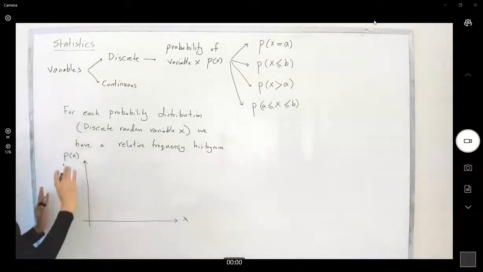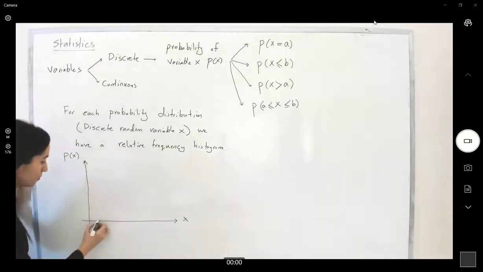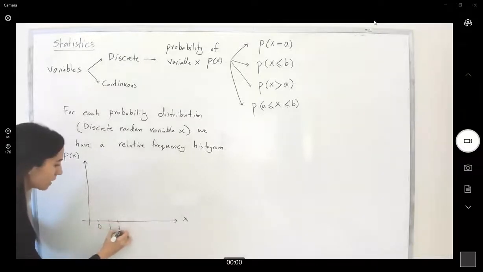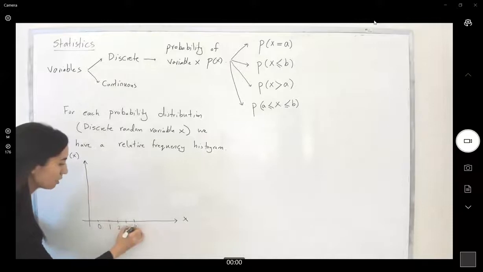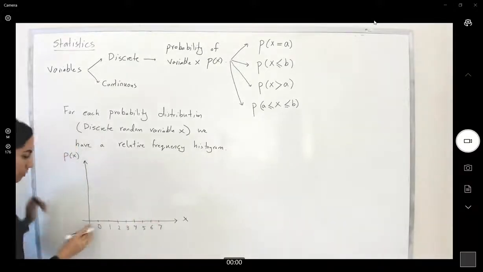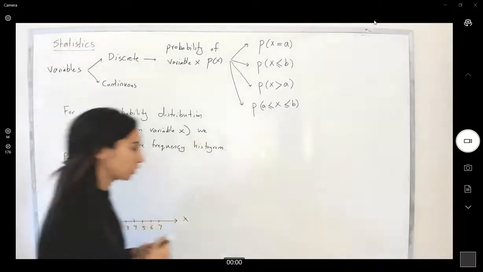And since it's a histogram, remember that we have some bars. X equals 0, x equals 1, x equals 2, x equals 3, 4, 5, 6, 7, and so on. And suppose we have the following bars.